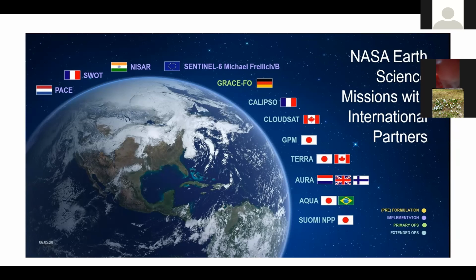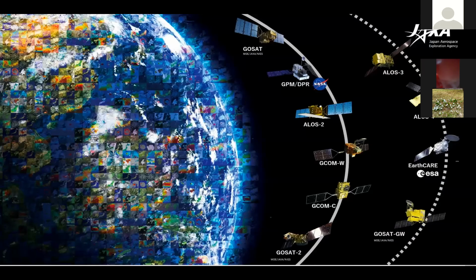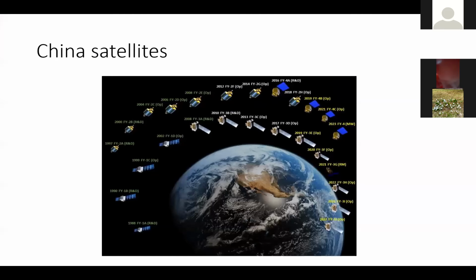They work in combination with each other, and many satellite missions are built by international partners. Here is an example of Japanese satellites flying already, and here are Chinese satellites.